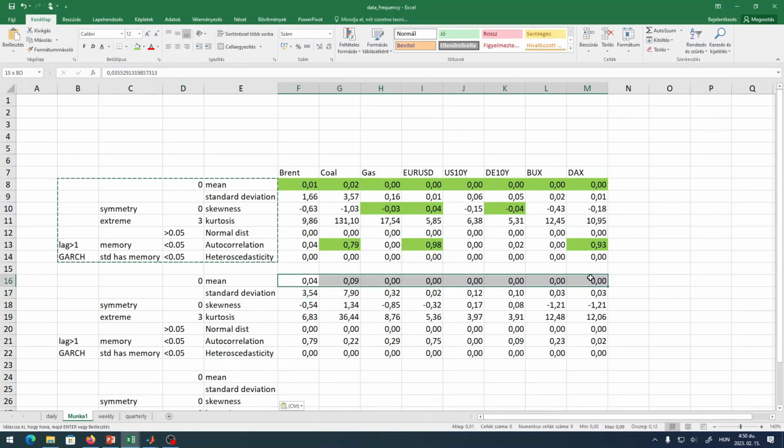And if you are working with the weekly set, we can say that it's similar. In the case of the skewness, we can see that we started to remove data points, so it's much more different.